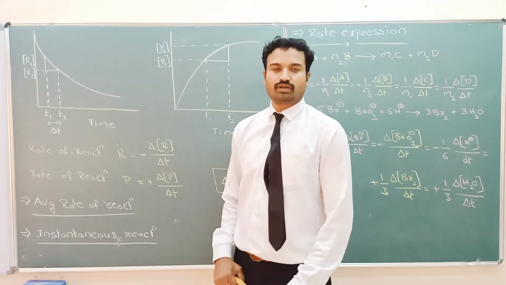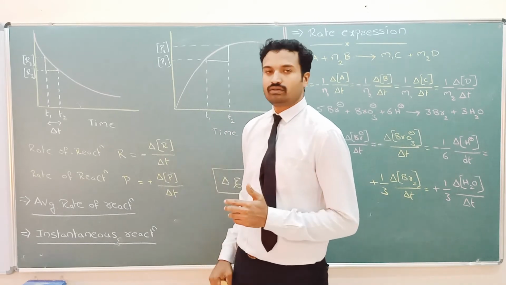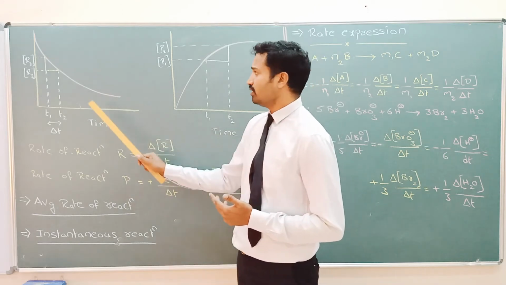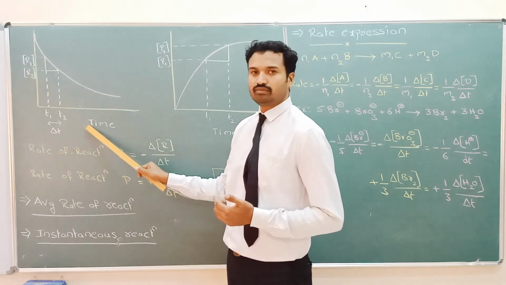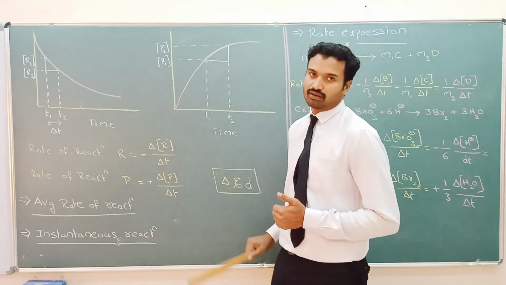We discussed the rate of a chemical reaction and the units of rate. Now we will see the rate of a reaction with respect to the reactant and time graph, and with respect to the product and time graph.